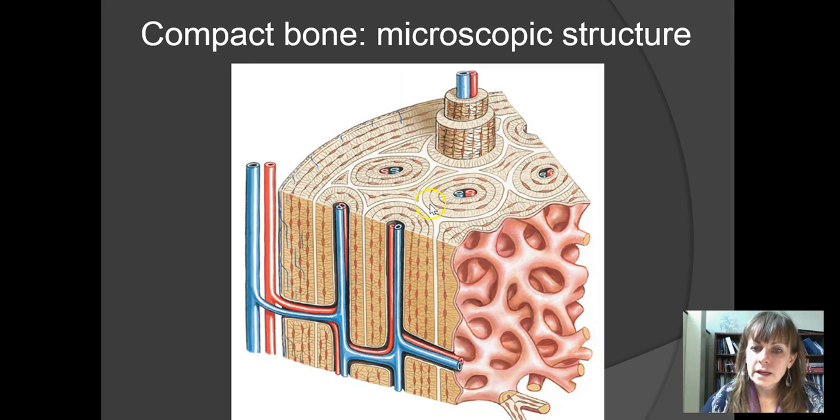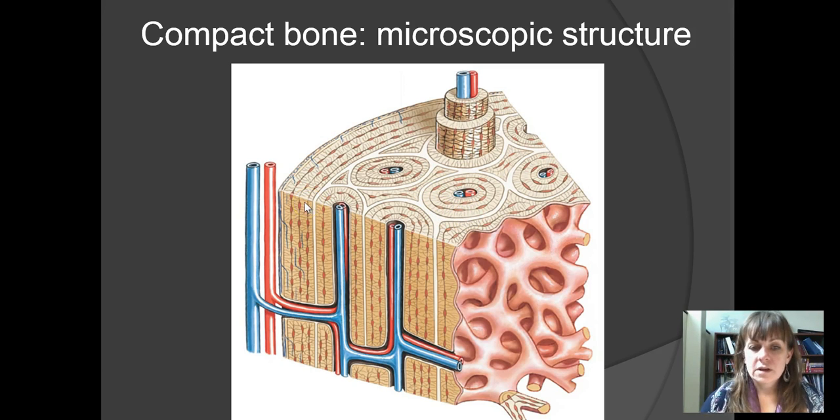And then as we look at the individual rings, that is going to be what's called a lamella. Okay, so one individual ring is a lamella. Now if it's part of an osteon, then it's going to be called a concentric lamella. So this is a concentric lamella.